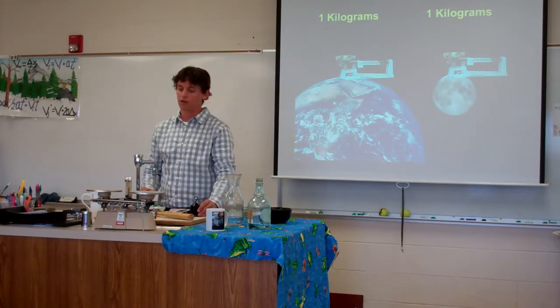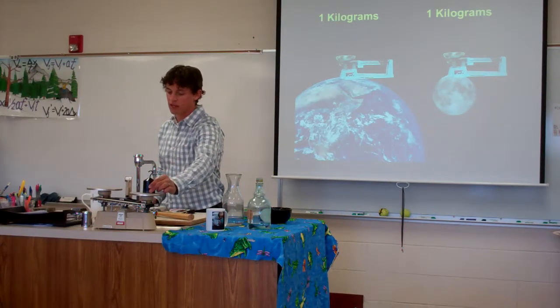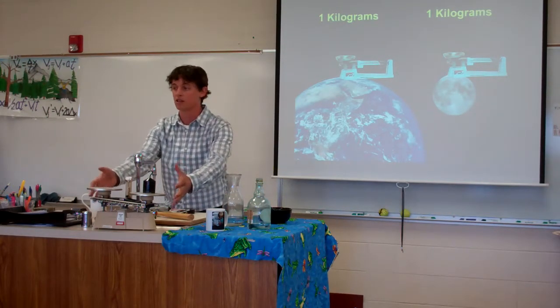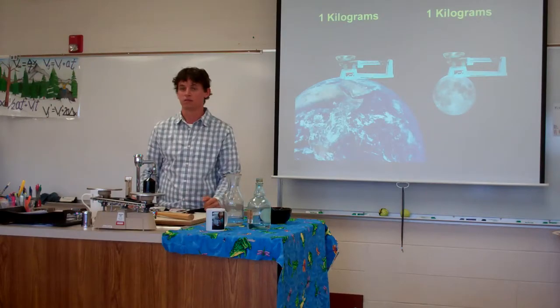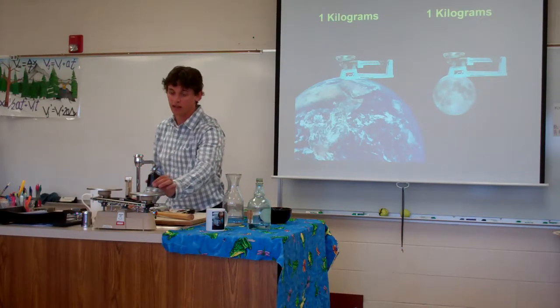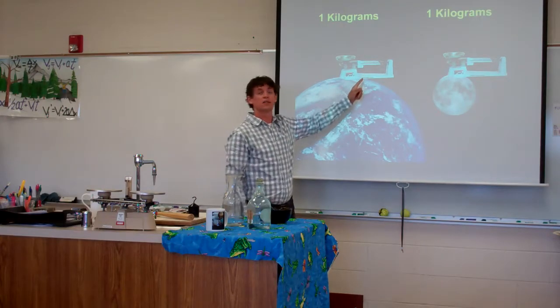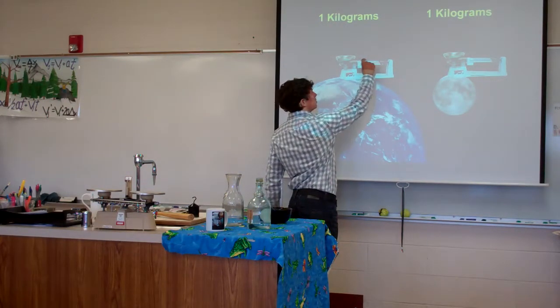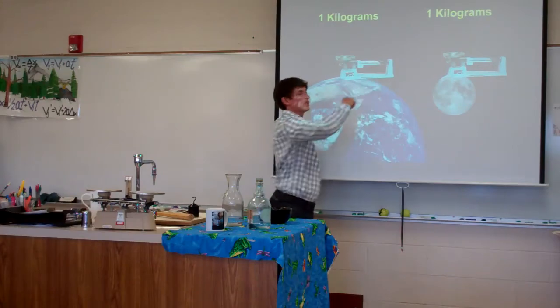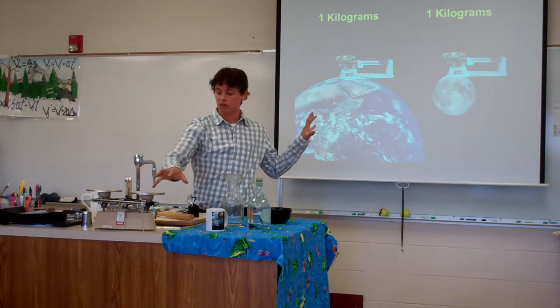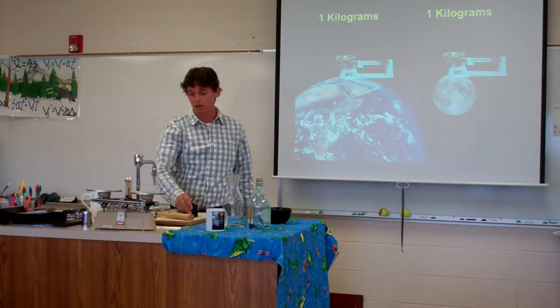If I want to figure out how much mass I have by balancing out, would this thing still work on the moon? Yes, it would. And this would too. This is just called the triple beam balance. We have those here too, but these sliders just move instead of putting something on the other side. These things would give the same reading on the moon.